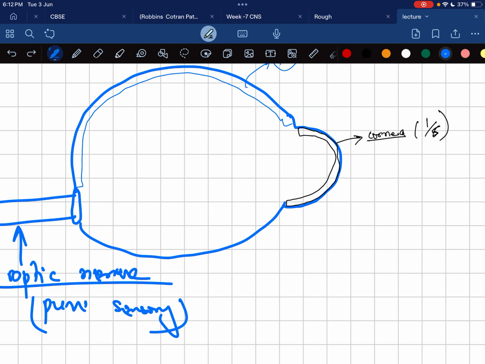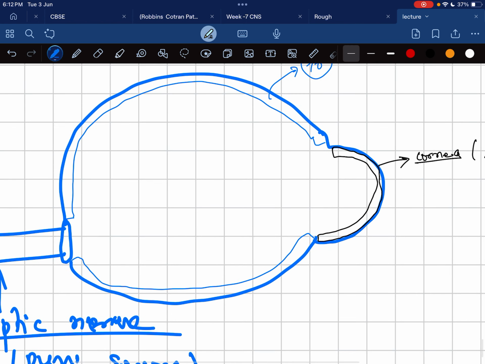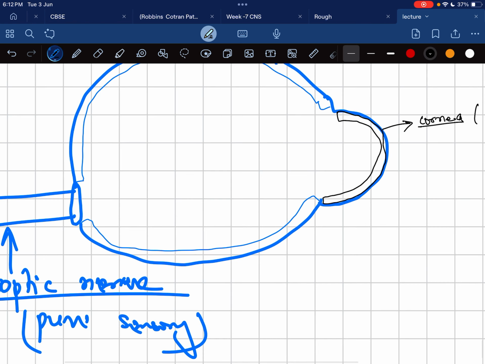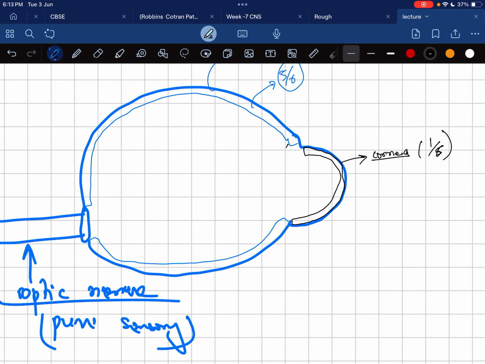When we look inside, this is our sclera region. After that, inside the sclera there is the retinal layer.